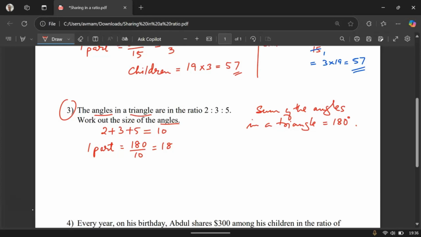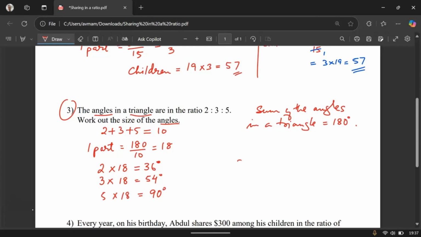Now 2 times 18 will give you 36 degrees. That is one of the 3 angles. 3 times 18 will give you 54 degrees, and then 5 times 18 will give you 90 degrees.